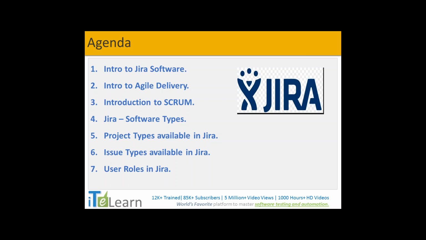And what kind of roles are available in Jira? Typically, there are two user roles. One is called Jira Software Manager, and the other is called Jira Software User. Mostly, you are all going to work as Jira Software User, typically like a test engineer or developer or a build engineer.